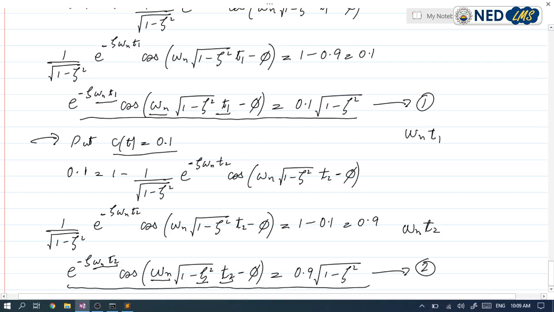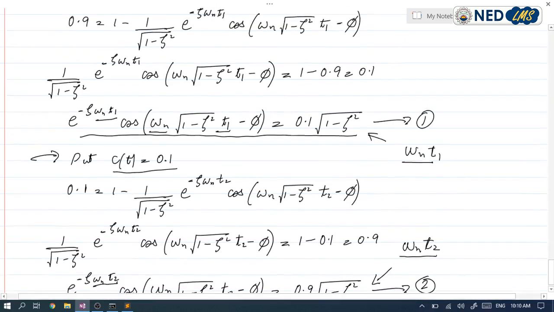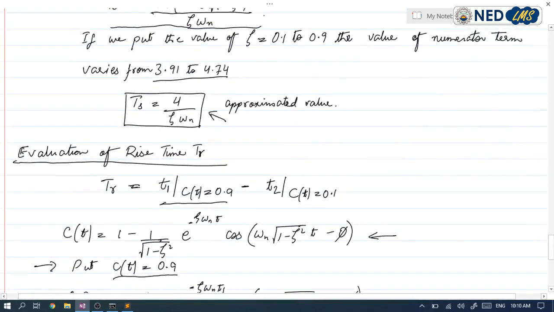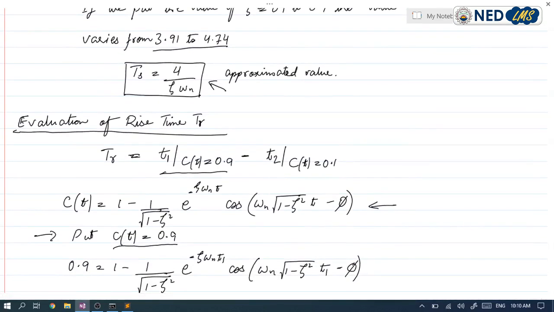Then we select a value of zeta and put that value of zeta in equation 1 to get the value of omega n t1, and similarly in this equation we put the value of zeta to get the value of omega n t2, and then finally we subtract these two terms to get the value of rise time here.